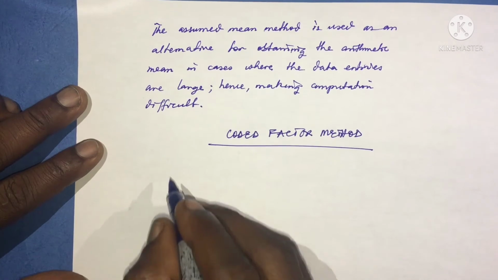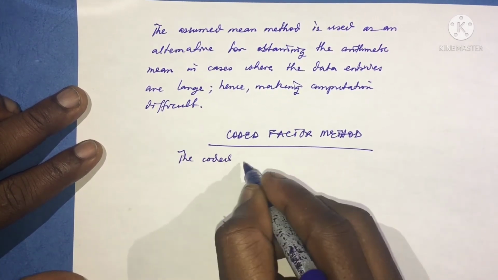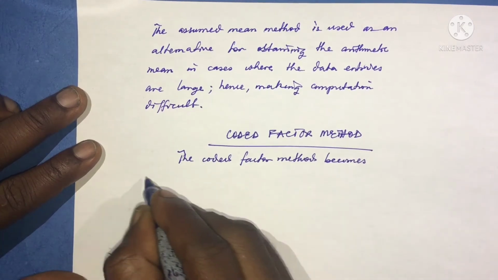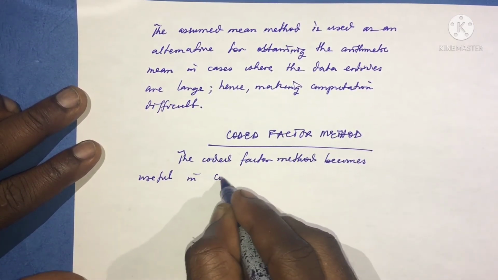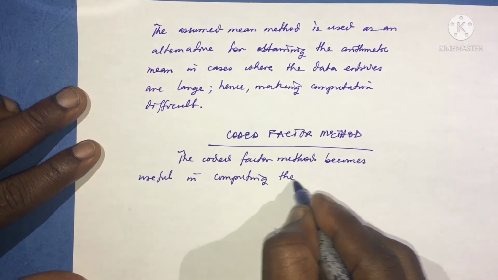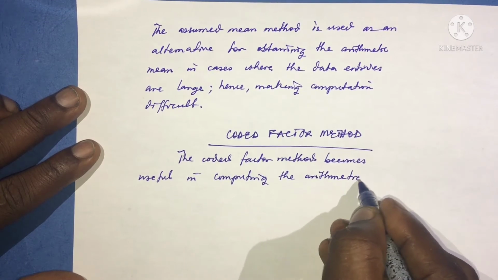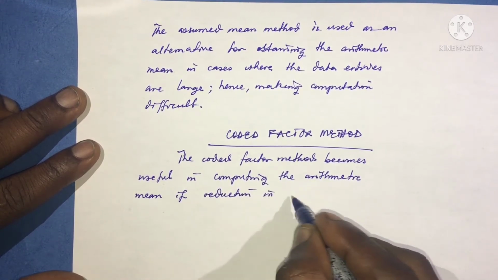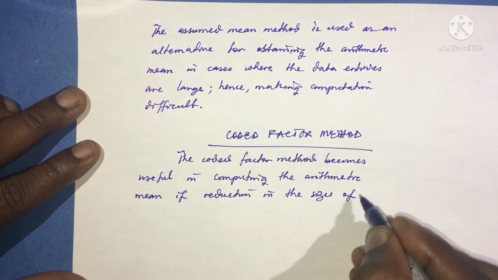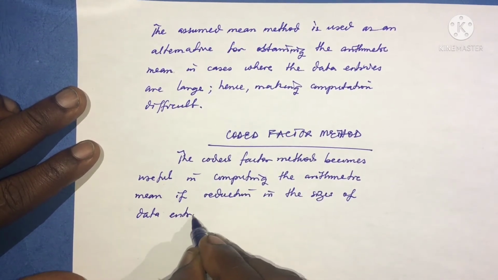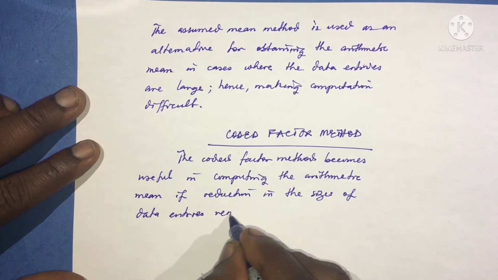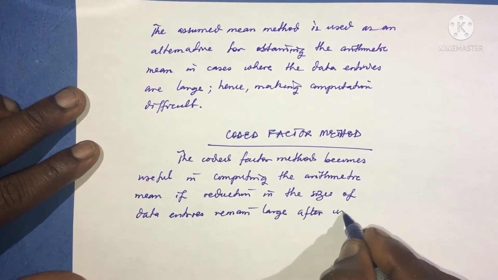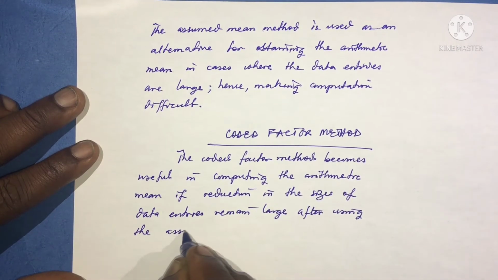So I'm going to start with saying the coded factor method becomes useful in computing the arithmetic mean if reduction in the size of data entries remain large after using the assumed mean.